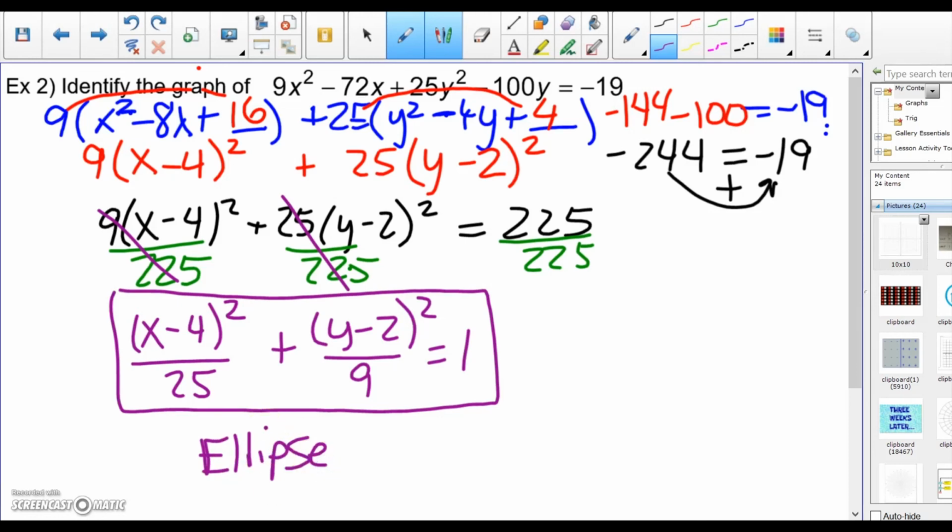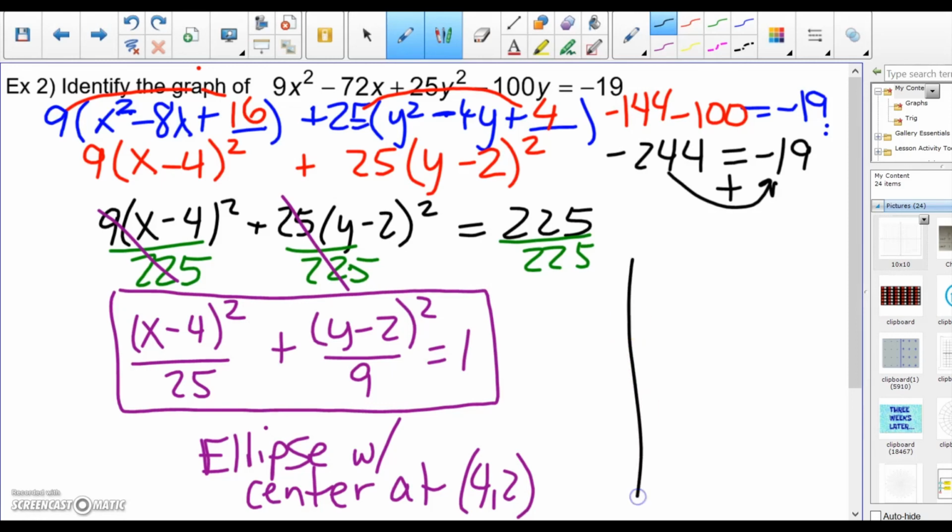That's an ellipse with a center at 4, 2. So if you wanted to graph that, okay, I know it didn't tell us to, but if you wanted to, you could graph it. We've got a center at 4, 2. And then you go over in the x direction 5.